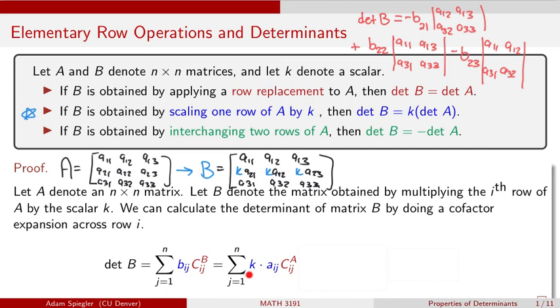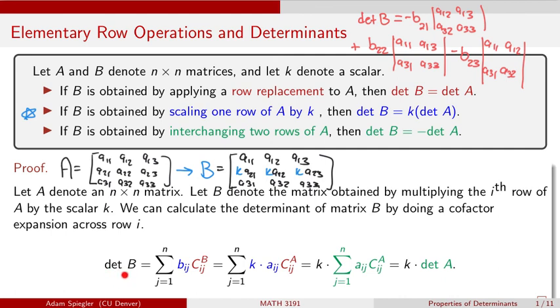And now we're going to sum over j. So this scalar k is independent of our sum. So we can pull that out from inside the sum, and that's why that is out over here. And now what's left over, this expression in green, is exactly the cofactor expansion along the ith row of matrix A. So this is exactly the determinant of matrix A, and that is what we wanted to show.